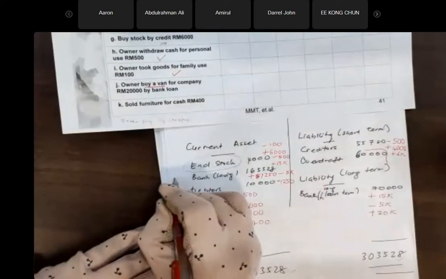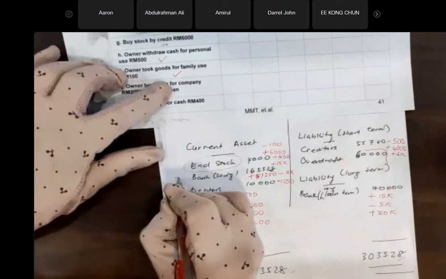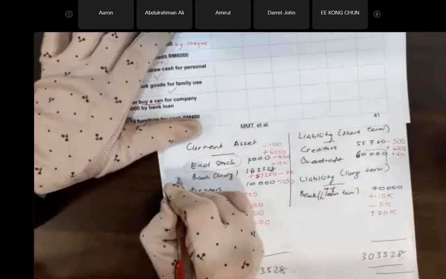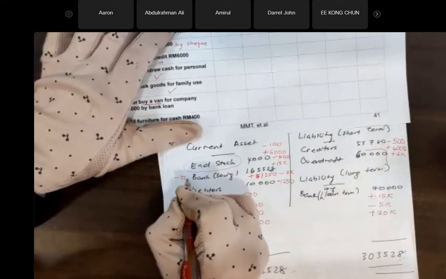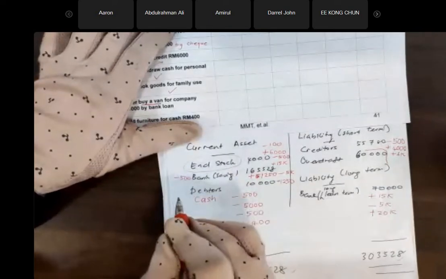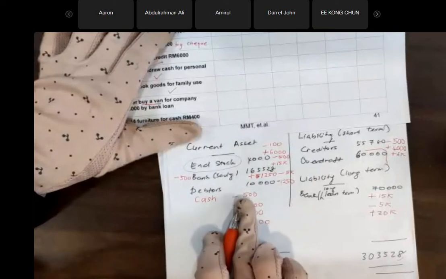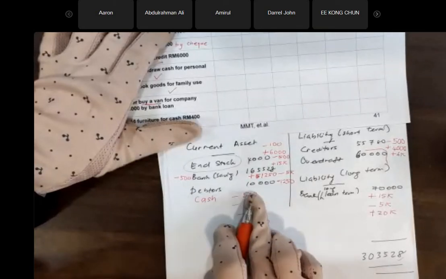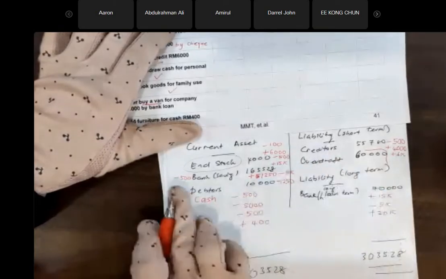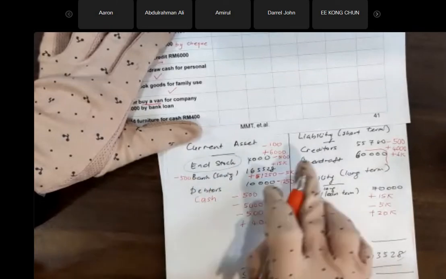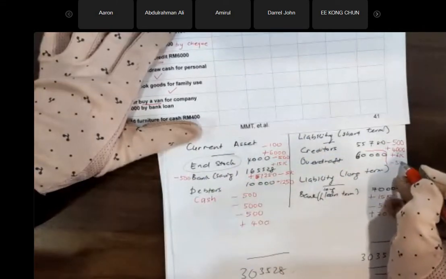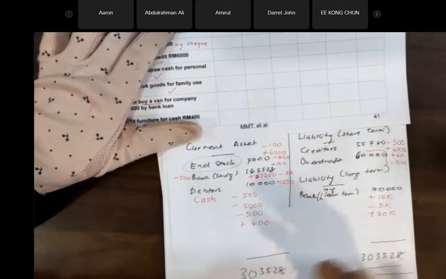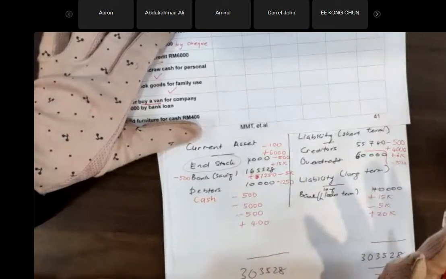So maknanya duit dah sikit ni. Tadi cash tau, 500. You pay cash 500 to the creditors. But now you pay check 500 to the creditors. So here negative 500. So sini pun negative lagi 500. Ni I just put extra question.